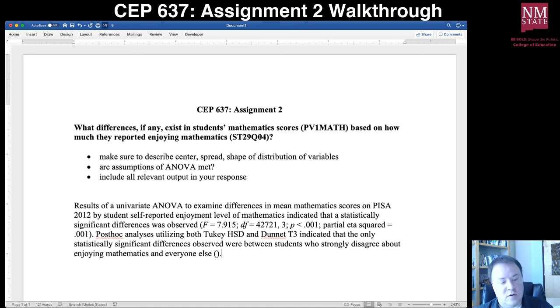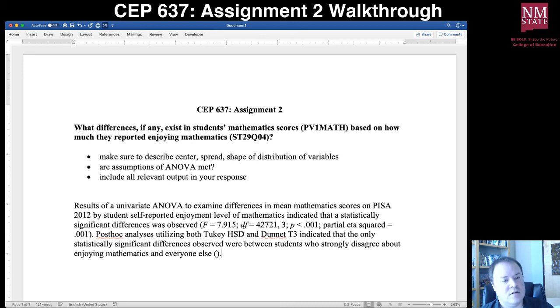So in this case, I would say what you would interpret this to mean is that students who reported greatly disliking mathematics tended to score lower on the PISA 2012 mathematics assessment than those who did not. And we're making an inference beyond the data at this point because we're using a p-value.